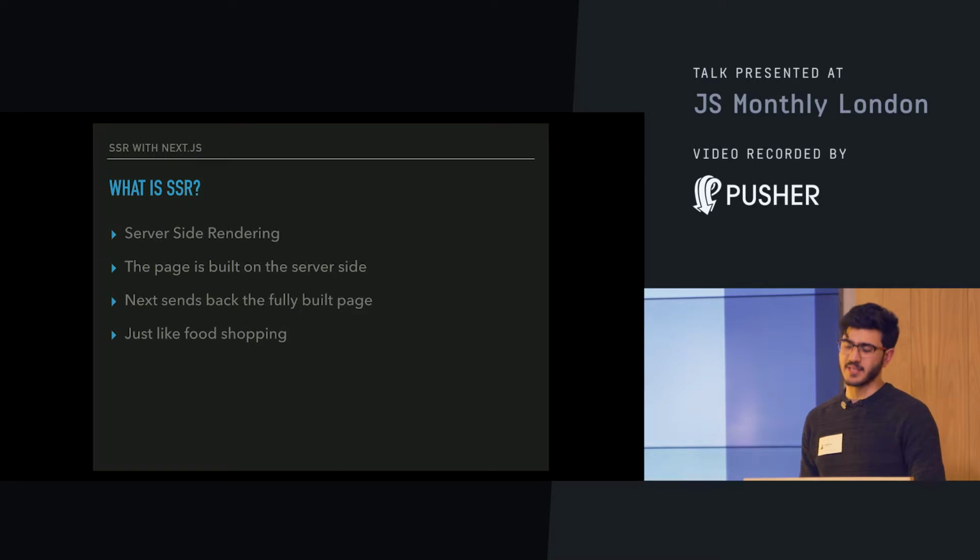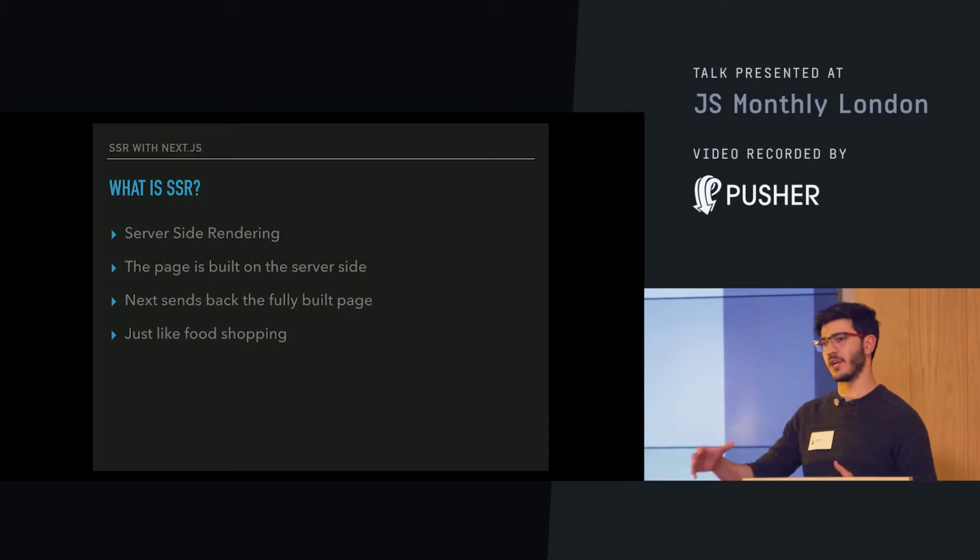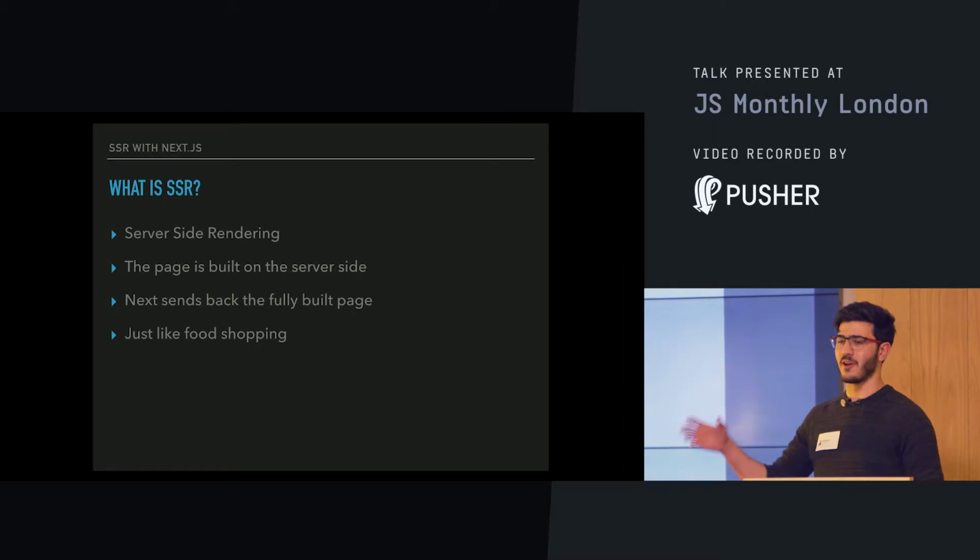A nice analogy is thinking of food shopping. Client-side rendering would be like going to the shop every single time you need a meal. You're making that journey to the shop, getting your lunch, your Sainsbury's meal deal, and then going back home. And you're doing that 3 times a day for every single meal. Whereas with server-side rendering, you're making one journey to the shop, doing your whole week's shopping, and then coming back.